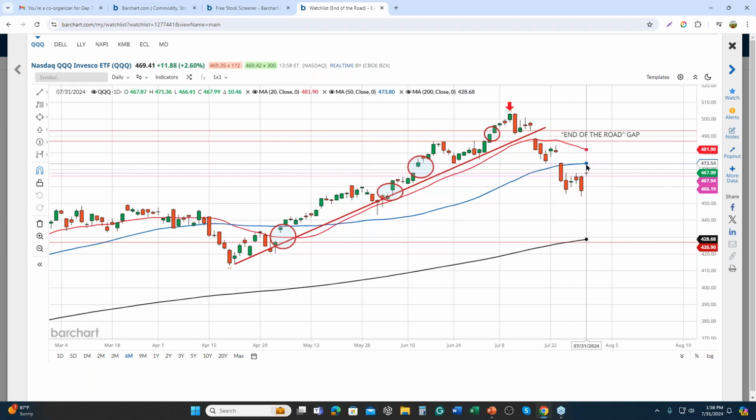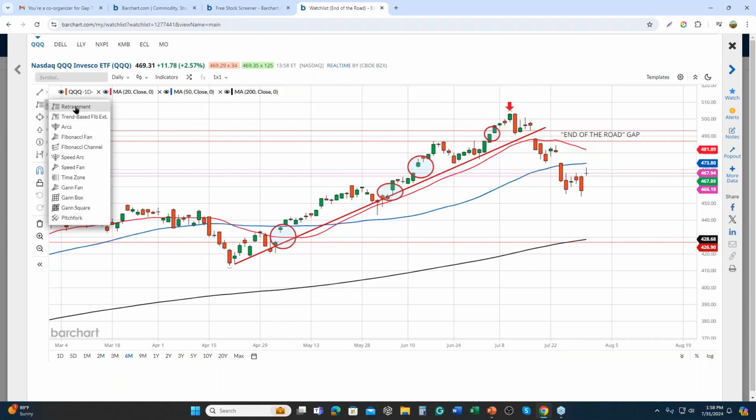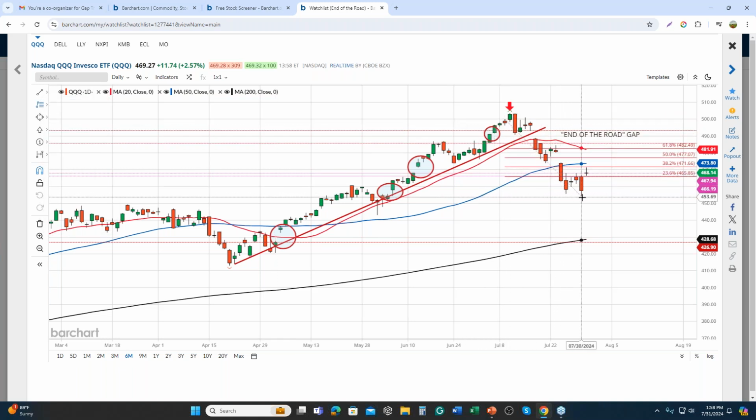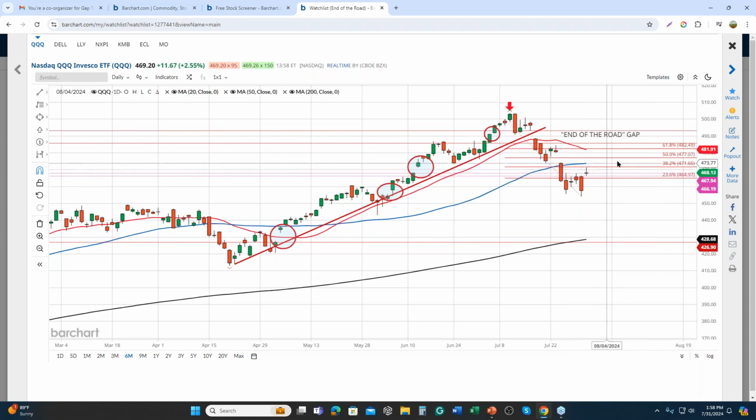Well, why? First of all, it's right around the 50-day moving average, and it's below the 20-day moving average. And if I use my Fibonacci retracement tool, notice that that gap is between the 38% and the 62%.